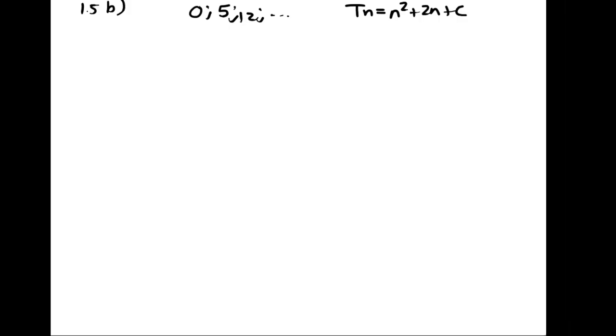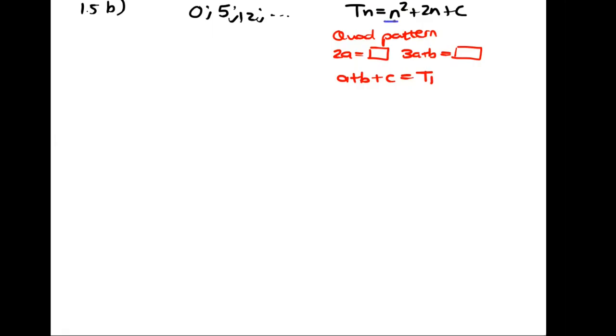Fantastic. So remember, we said when we do a quadratic pattern, we have our three little calculations. We say 2a equals the second difference, 3a plus b equals T2 minus T1. And our last little formula is a plus b plus c equals the first term. Now, if you have a look at the formula that they've given you here, remember your a is your term in front of your n squared, so a is 1.